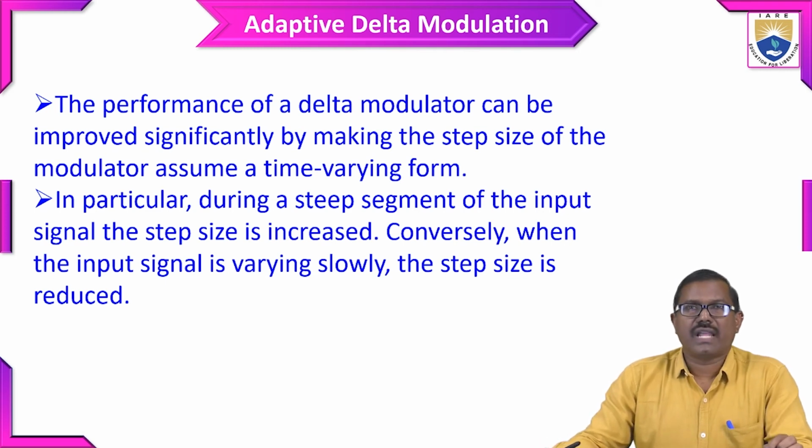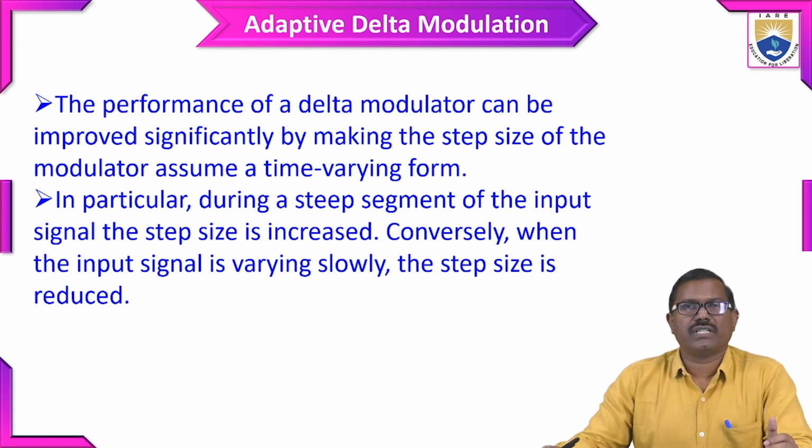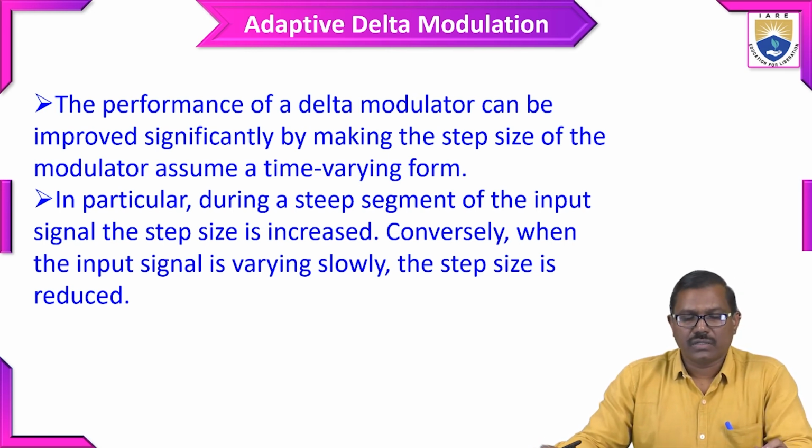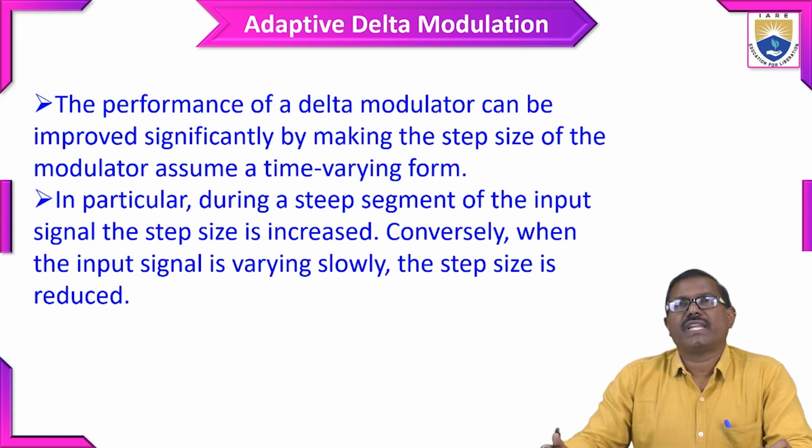But in adaptive delta modulation, we don't have such a fixed step size. Here the staircase approximation is able to track the message signal.